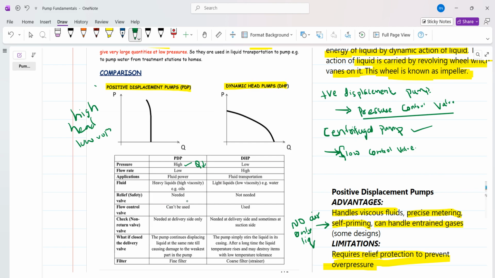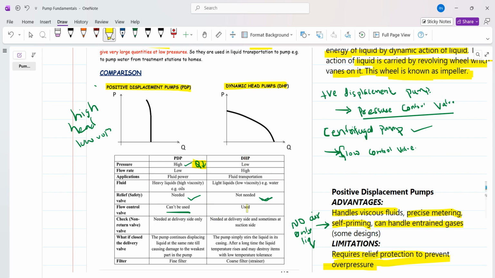We need a safety valve to control the pressure in positive displacement pumps, and there is no safety valve needed in dynamic pumps. Flow control valves we don't need in the positive displacement pump, because the flow rate of the positive displacement is already very low.